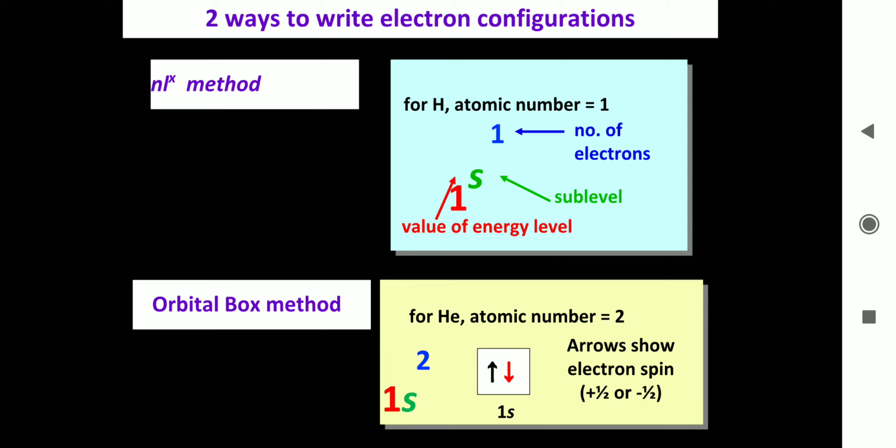The electron configuration of hydrogen is 1s1 since its atomic number is 1. Here this 1 is the value of the energy level, this s is the sub energy level, and this superscript 1, indicated in blue color, is the number of electrons. The 1 represented in red color is the value of the main energy level.